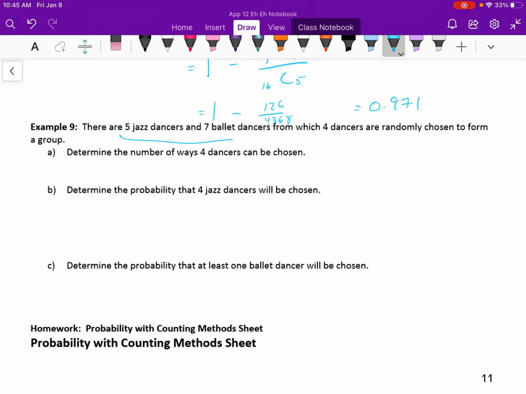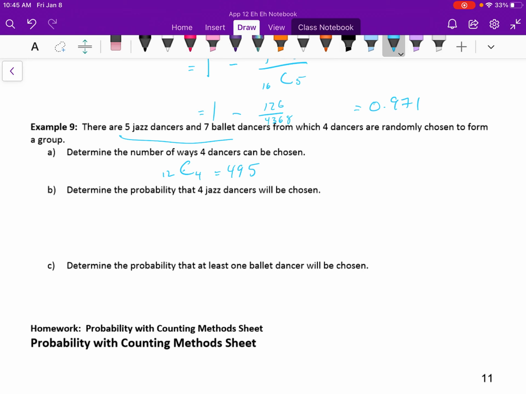Okay, so I have a total of 12 dancers, and I'm going to choose 4 at random. How many different ways are there to choose them? Well, I'm choosing 4 dancers from 12. In my calculator, I can figure it out: 495.